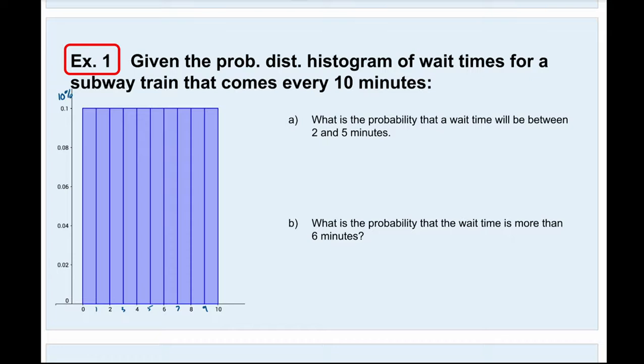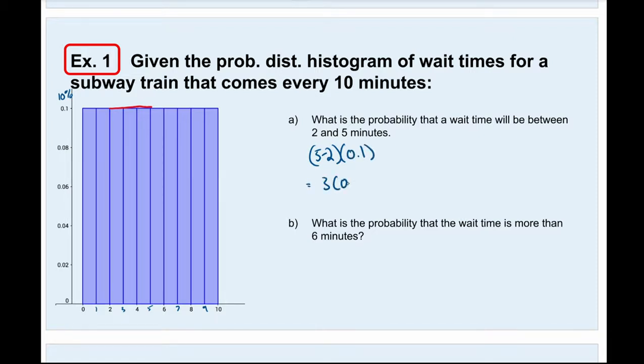So what is the probability that a wait time will be between 2 and 5 minutes? So if I want to think about the area underneath my line between 2 and 5 minutes, I could think of it as, how many intervals do I have there? I'm ranging from 2 to 5. To find the area, the difference, 5 minus 2, will be the one dimension. And I'm going to multiply it by the height, which in this case is 0.1.